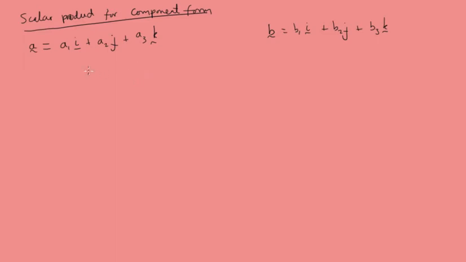And now we want to do A dot B. So that is A1i plus A2j plus A3k multiplied by B1i plus B2j plus B3k. Now what we do is we just break open the brackets.